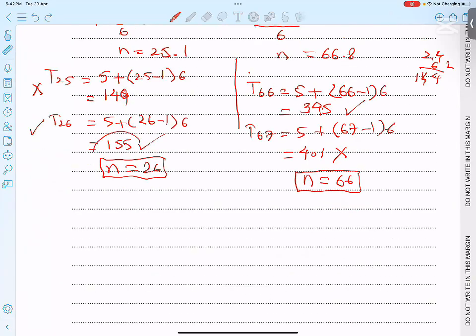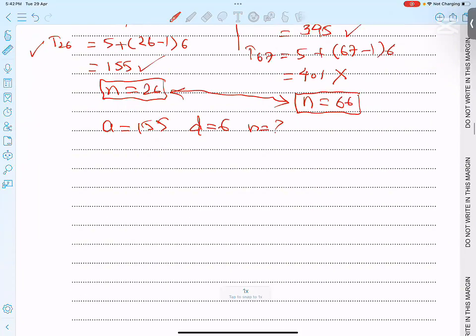So this is my first term, because I have to start from 26th term, and I don't know what is A for the next plan. 155, and difference remains 6, and I don't know how many terms, how much gap between these two terms.